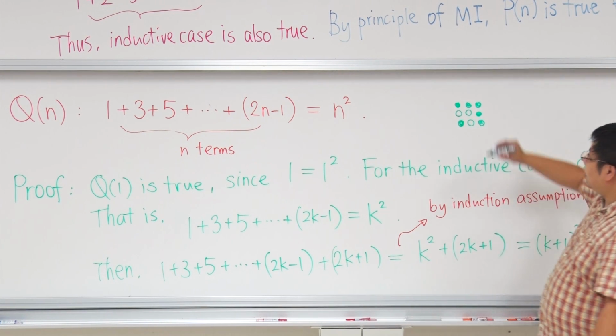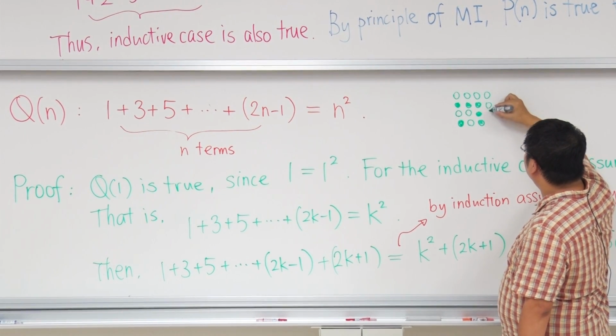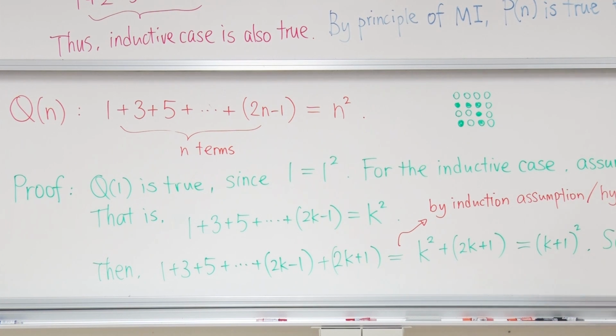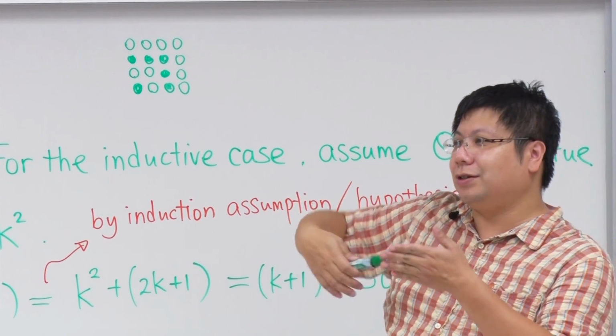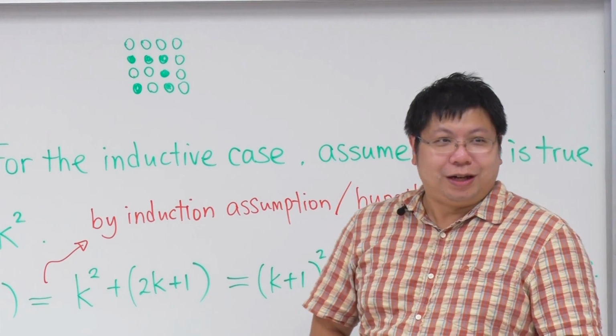The next number you add to make it a square will be exactly 7. So if you keep adding the next odd number, you make the square larger and larger, layer by layer. So this is equal to n squared.